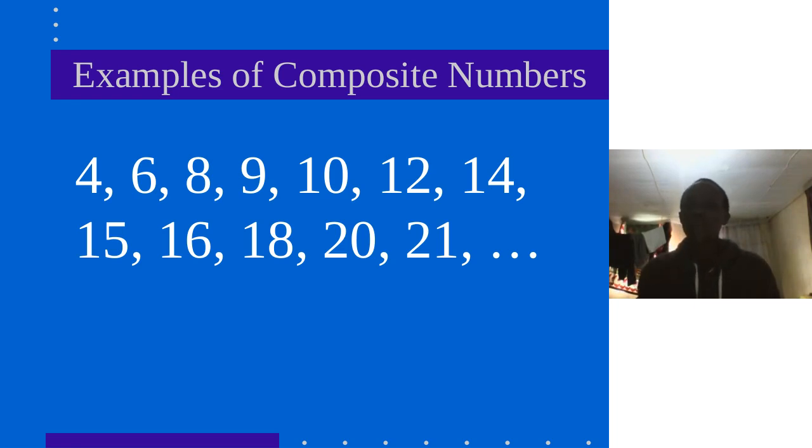Let's look at some examples of composite numbers. As we said, it's a number that has more than two factors. For instance, 4 has 1, 2, and 4. 6 has 1, 2, 3, and 6. 8 has 1, 2, 4, and 8 itself. 9 has 3, 9, and 1. 10 has 1, 2, 5, and 10.